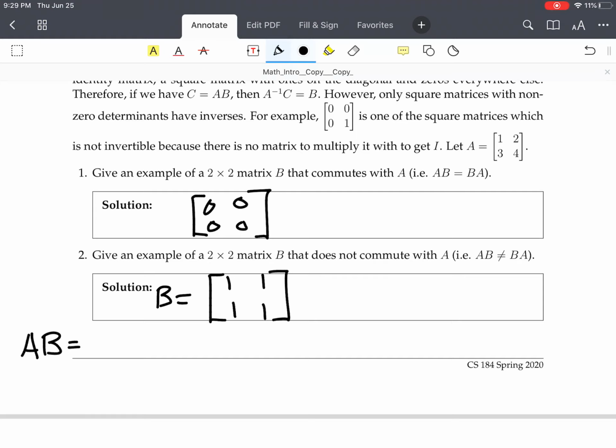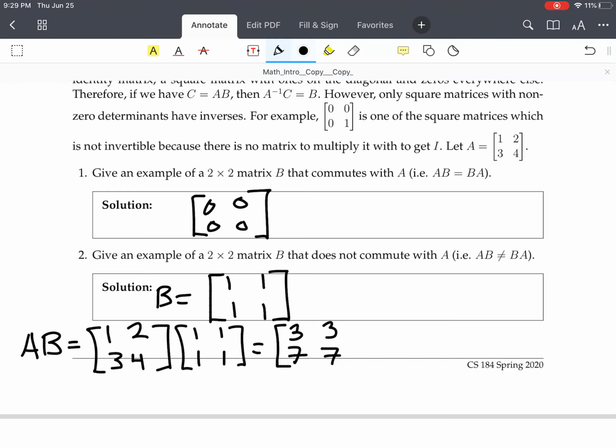AB is equal to 1, 2, 3, 4 times 1, 1, 1, 1. So if you want to pause, get some practice with matrix multiplication, now's a great time. But let's go ahead. So that's 3, also 3. Then this is going to be 7 and 7. Essentially, we're just summing up the rows of A.